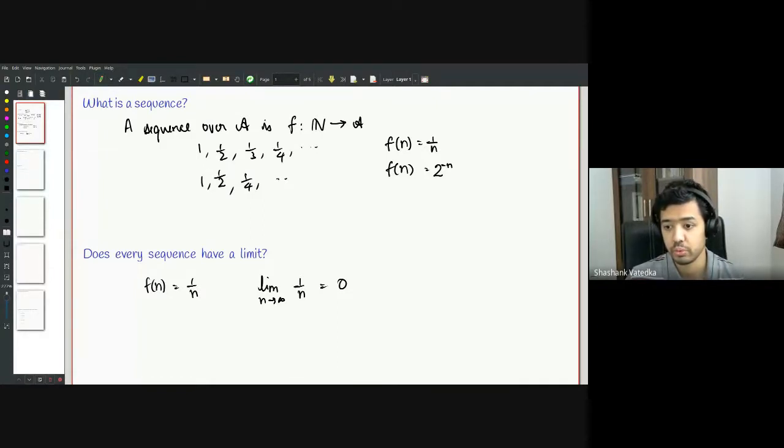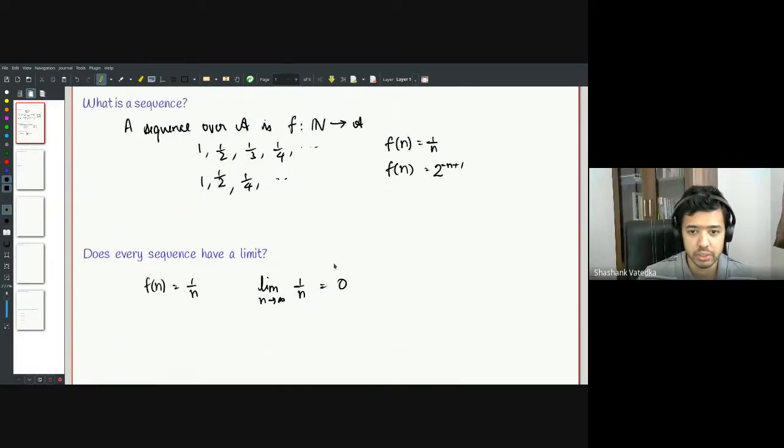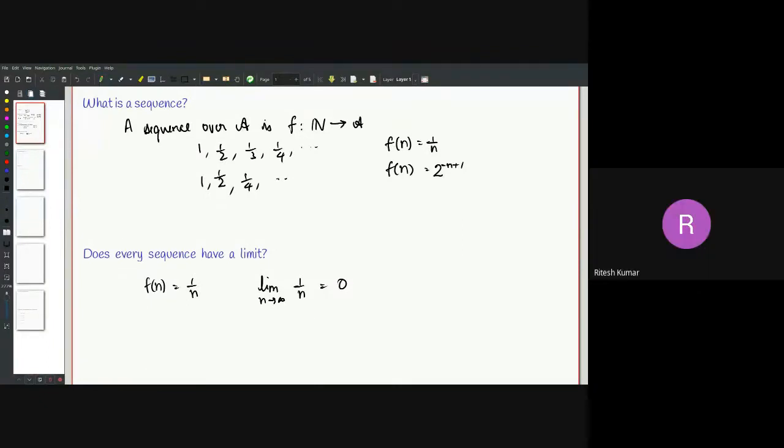Yeah, so thanks, Ashish. I made a mistake in this. So f of n in this case is 2 to the minus n plus 1. Can you give me an example of a sequence which does not have a limit? f of n equal to n or n square.